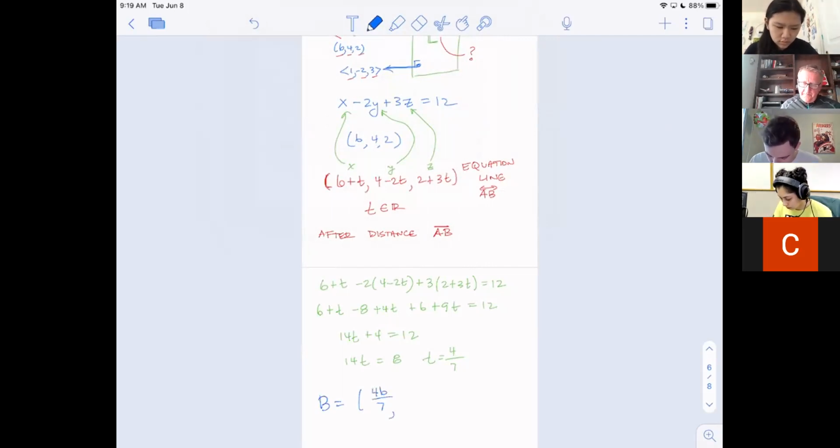Then 4 minus 2t, 4 minus 2 times 4 over 7, I get 20 over 7 for that. And lastly, I get 2 plus 3t, so 2 plus 3 times 4 divided by 7. Convert that to a fraction, I get 26 over 7.